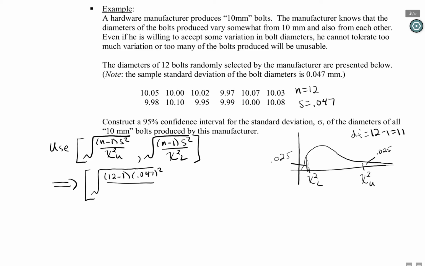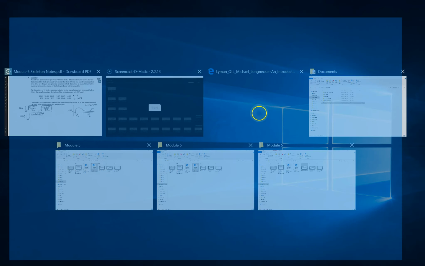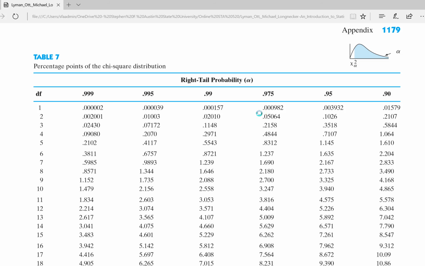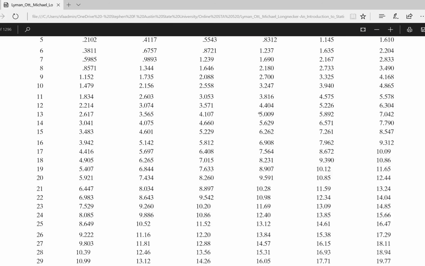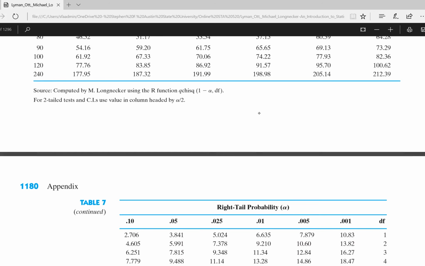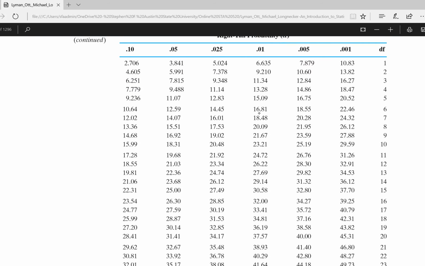But for chi squared U, what we need to do is go to our chi squared table and look that up. Here's the chi squared distribution, table 7 of your book. This gives me the right tail probability, and for chi squared U, I need the right tail probability to be 0.025.